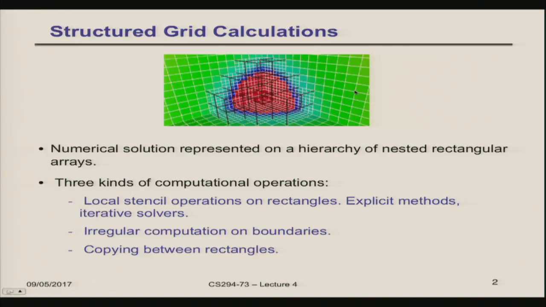And at every intersection of every three grid lines, you have an unknown, or more than one unknown. Here's the hierarchy part, which we won't really talk that much about in this class, other than to motivate why we're doing things the way we do, which is that you can have different levels of refinement.